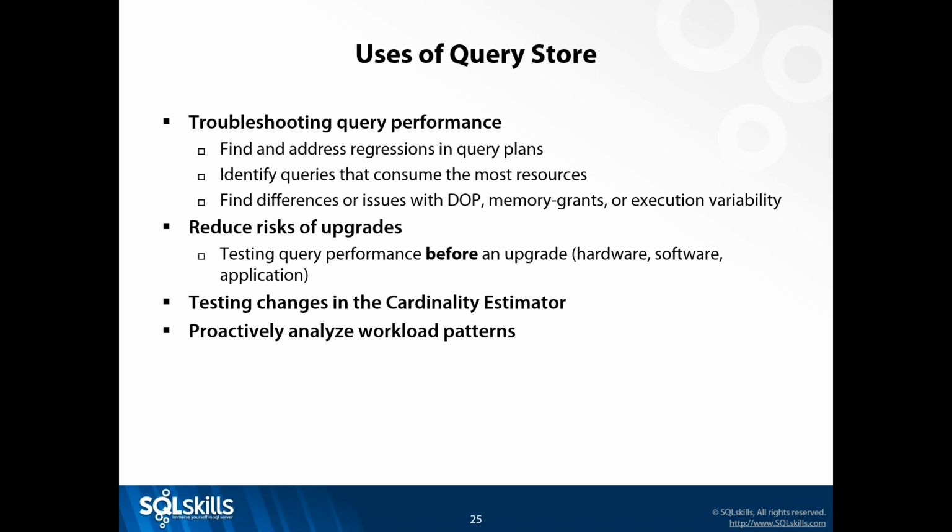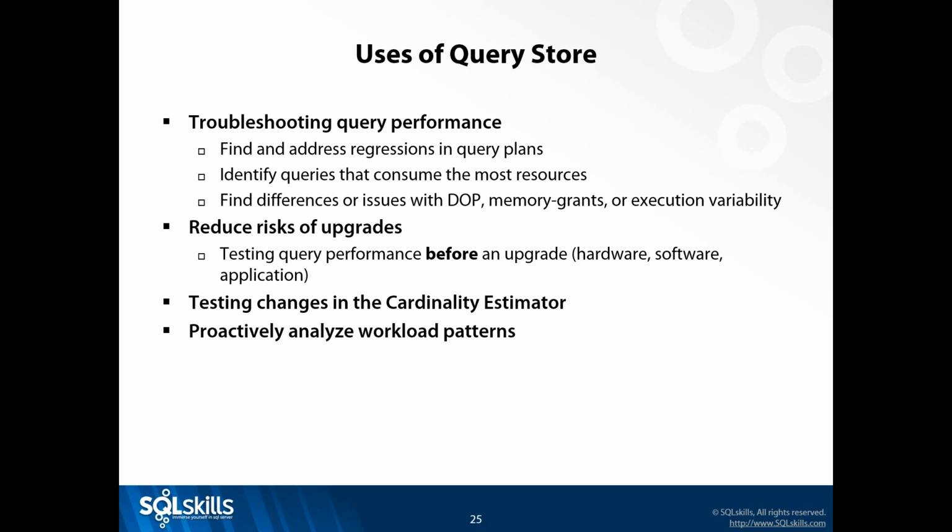So I've talked about a tiny percentage of what you can do with Query Store. You can also do these things. You can use Query Store to troubleshoot query performance, to find issues related to maxed out memory grants, and figure out what queries use the most resources. You can do testing for an upgrade.